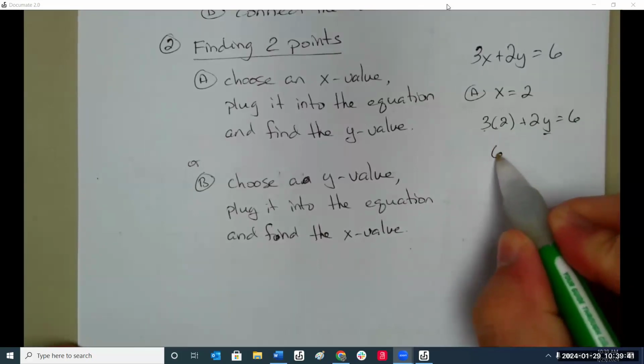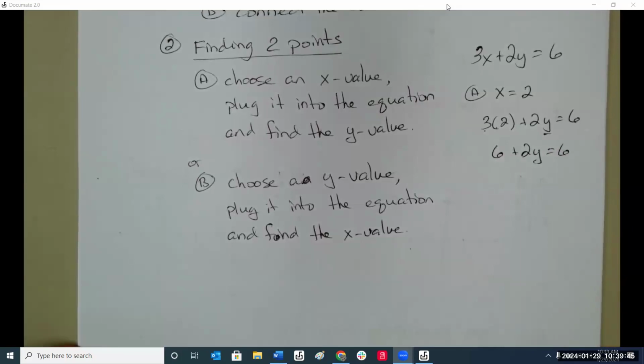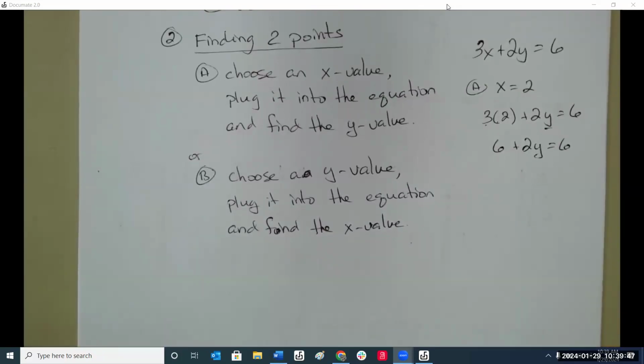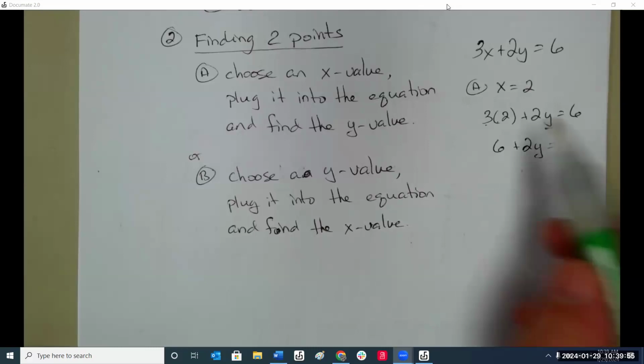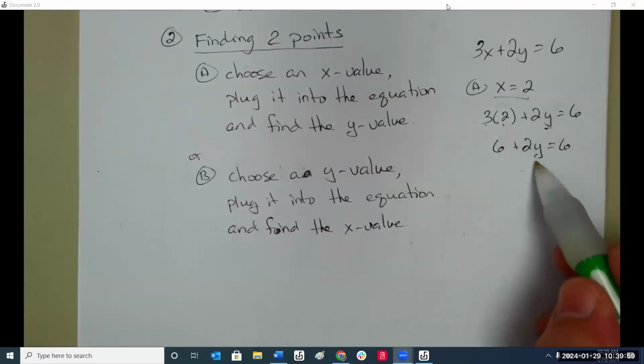So 3 times 2 is 6. What do I do next? I picked the value for x. I plugged it in there. Now I got to solve for y.